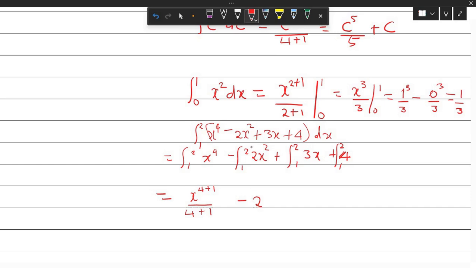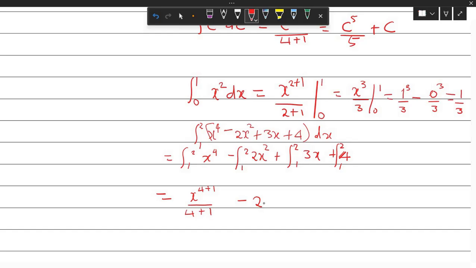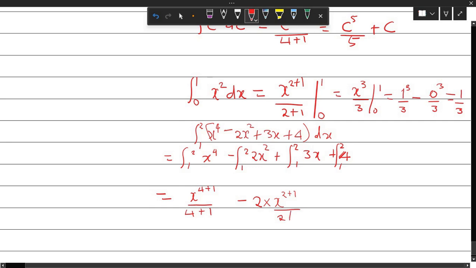So mind you, we can't integrate 2. It can only be 0 if it is appearing alone, like this one will be 0. Now this one, since it's attached to a variable here, it will just stand out like this. So 2 multiplied by, then we say x, so we integrate x now, x to the power 2 plus 1 over 2 plus 1.